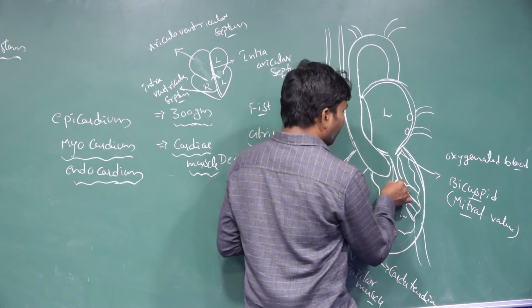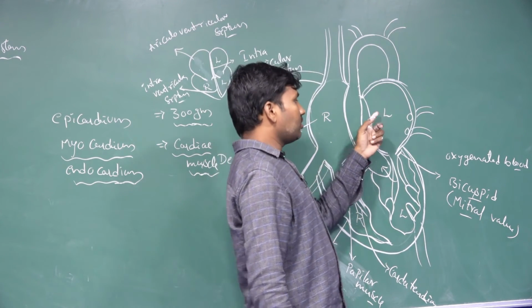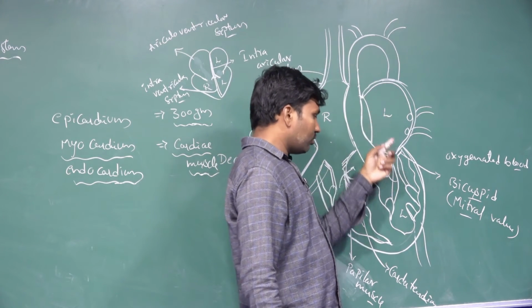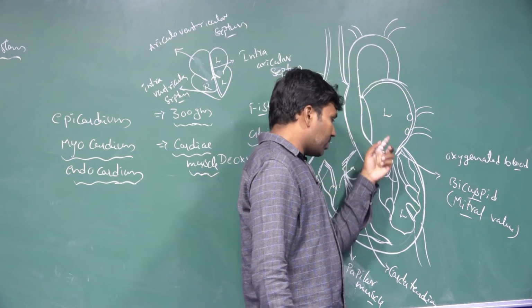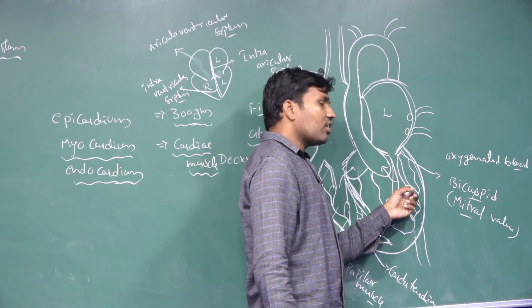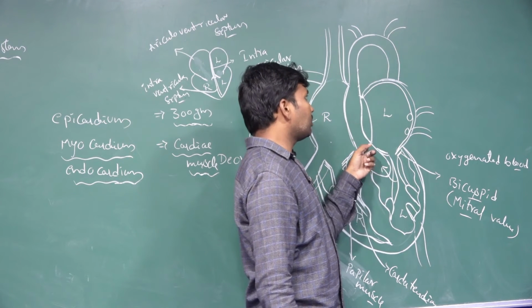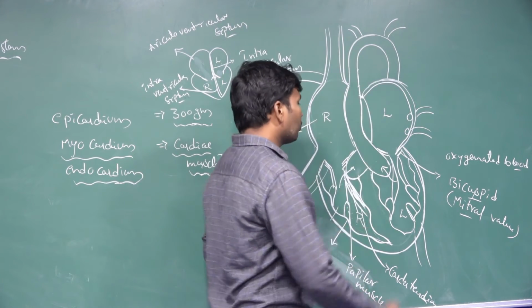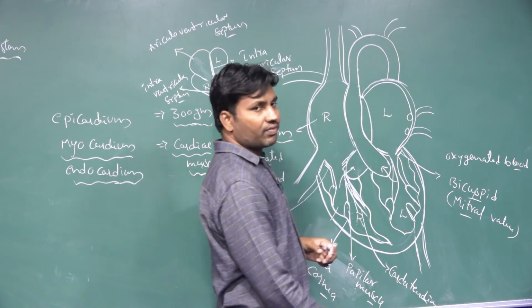In the same way, oxygenated blood enters the left atrial chamber, and from there it enters the left ventricular chamber. When the ventricle contracts, the oxygenated blood enters the systemic artery, and through it supplies all parts of the body.